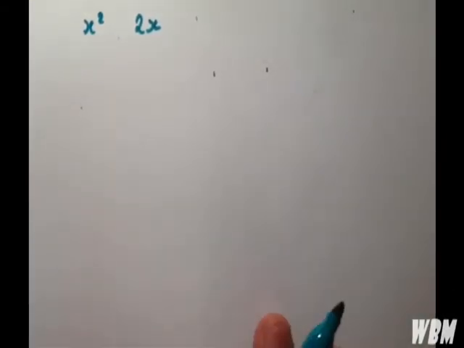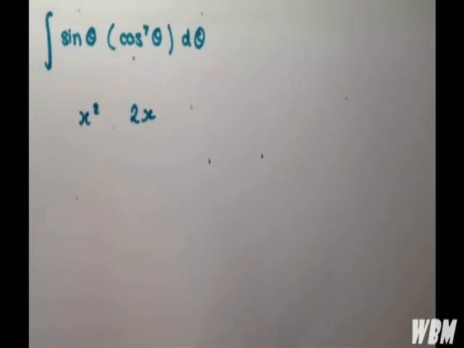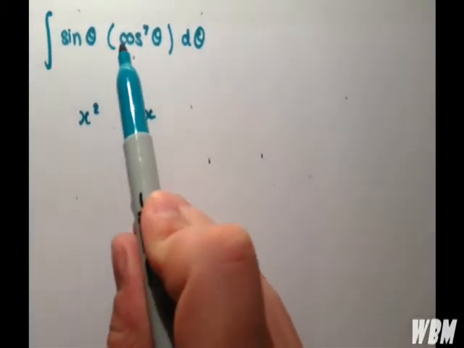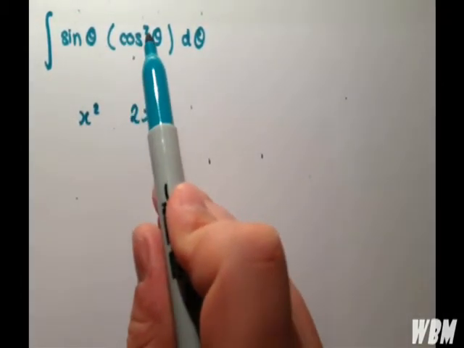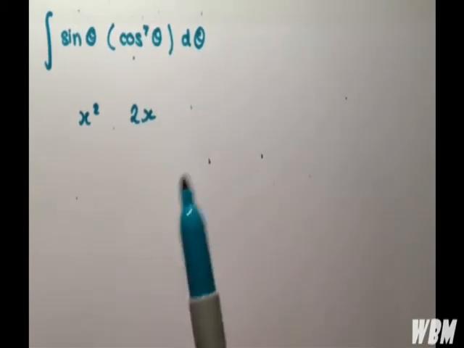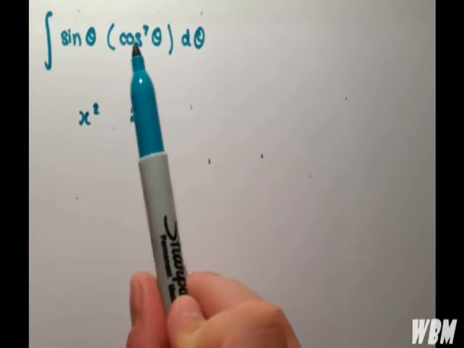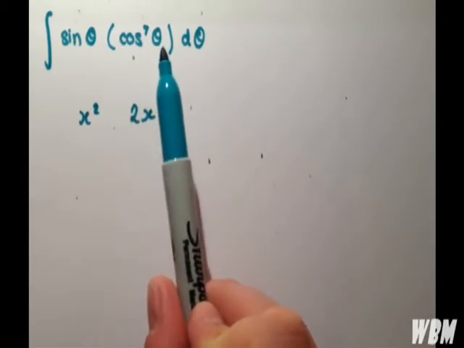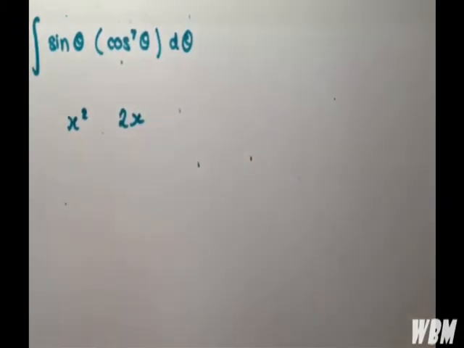So the first step we're going to do in addressing this question, which is the integral of sine theta cos to the 7 theta d theta, is to note that cos to the 7 theta can also be written as follows.